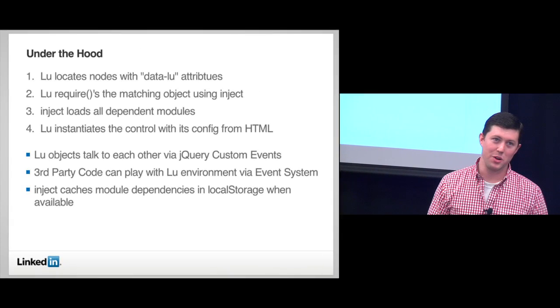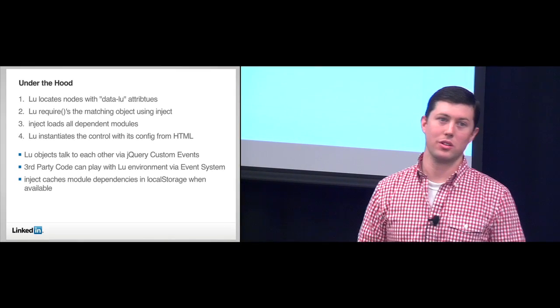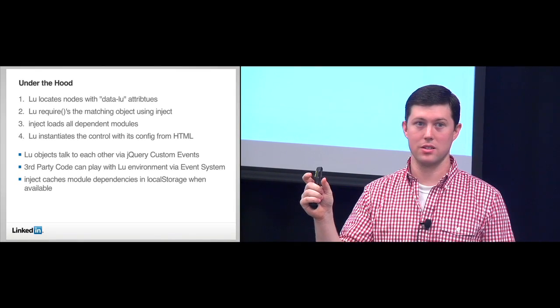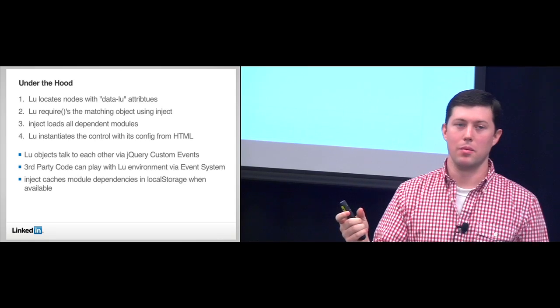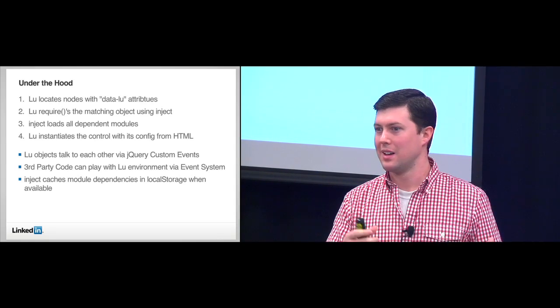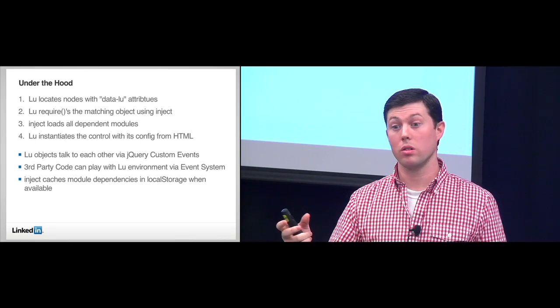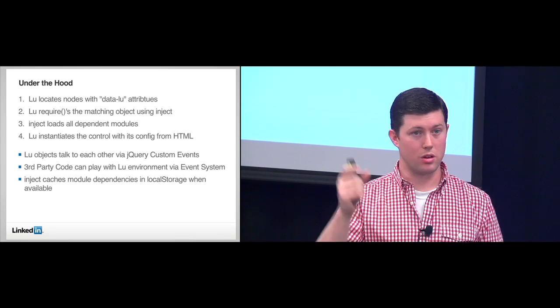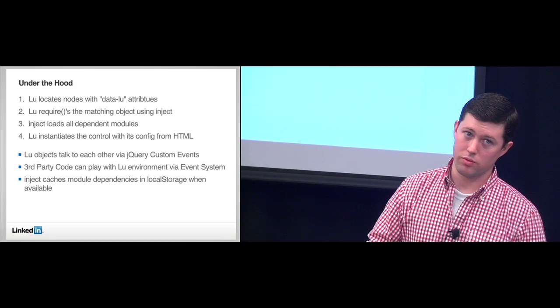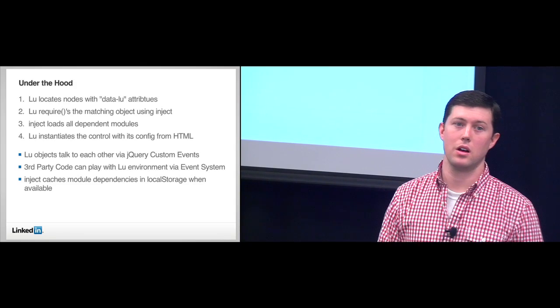And so under the hood, we've got the data-Lua. Lua will find that, and will require in the control that it needs using Inject. Inject handles the loading of the dependencies, so if carousel needs a loader control or some other type of control, it's all defined, and it will pull it in. And it will instantiate that control for the markup you pass in.